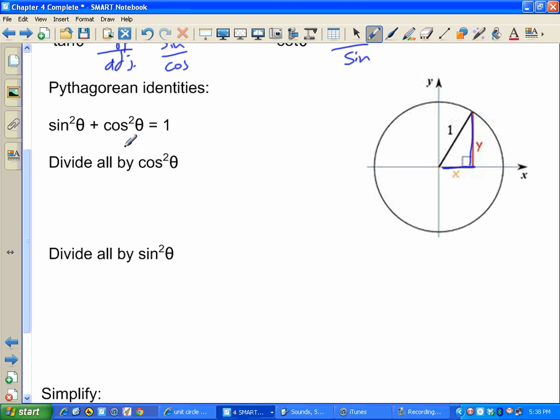So if I square the cosine and add it to the sine squared, I should get 1. And really this works even if your hypotenuse is not 1, because if we had a hypotenuse of something else, like 5, all those are going to end up canceling out. So if you're on the unit circle, it'll work.